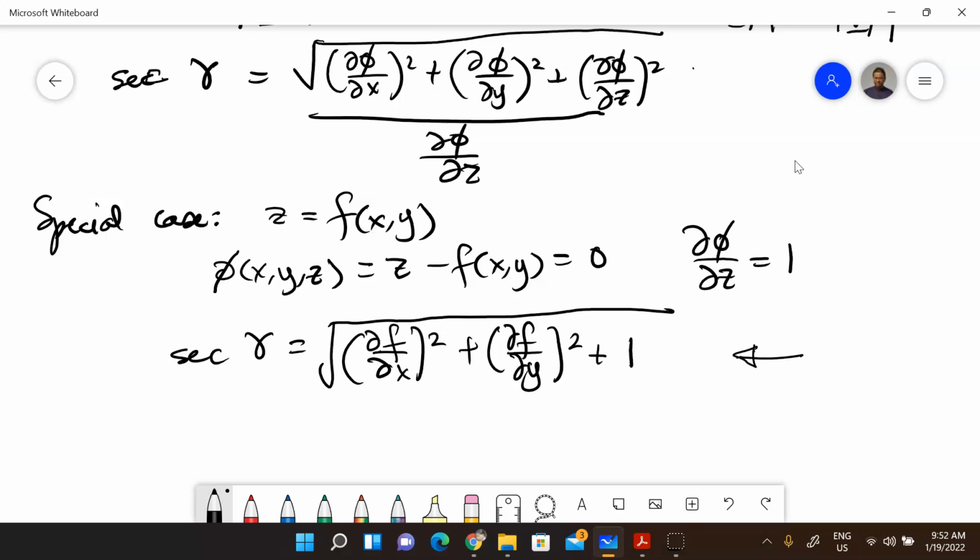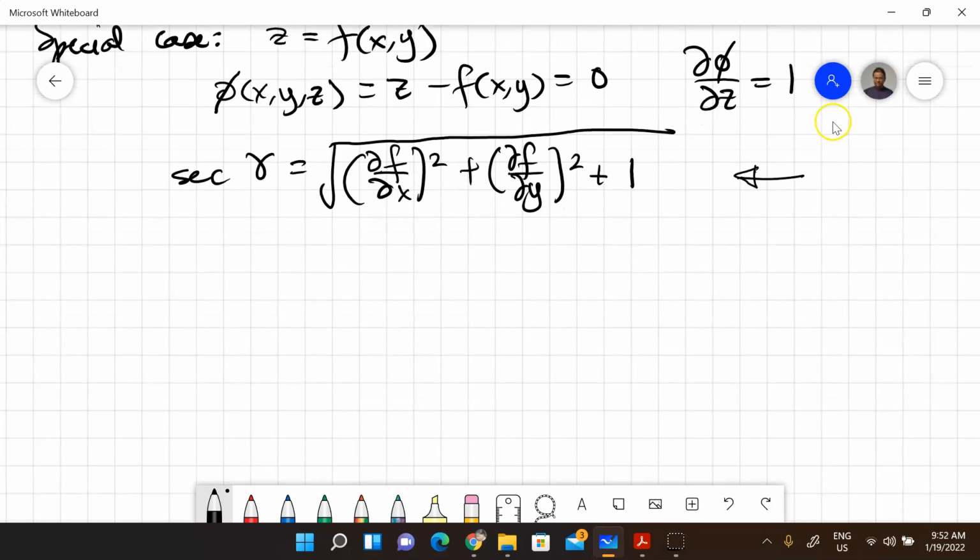So if it's this particular case, then you can just simply use this. Let us do one example before we go. Hopefully I can finish this. I need to do this so that you can actually see what's going on.